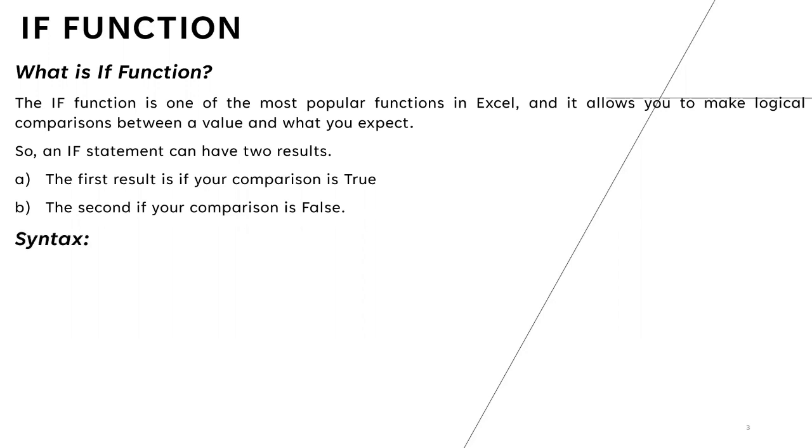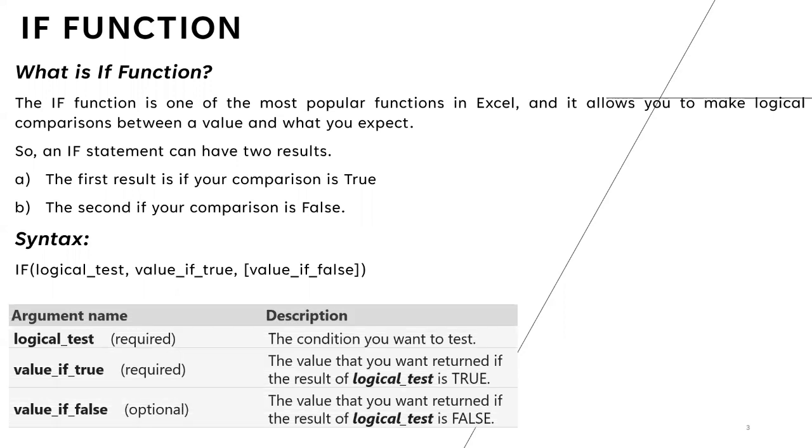The syntax of IF function: IF, the logical test, the test you want to perform, and what value you want if the logical test is passed, followed by the value that you want if the logical test is false or failed.